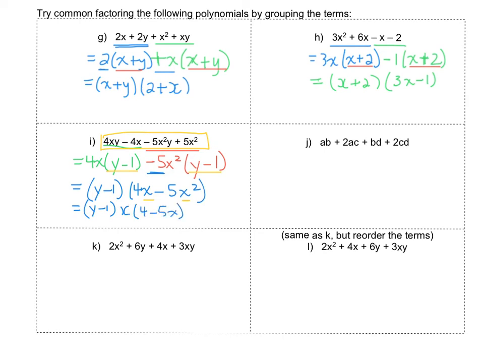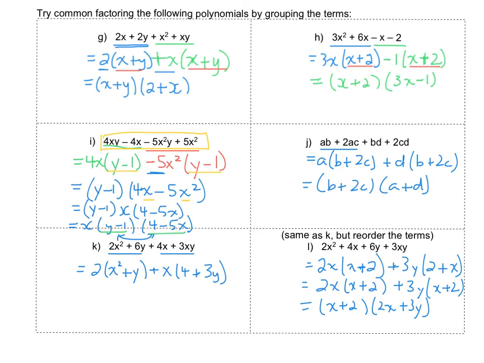Sometimes you'll see that rewritten with the x out in front like this. And the order of the brackets themselves doesn't matter as long as the inside of the bracket has the same order. I could switch the y minus 1 with the 4 minus 5x. It's the same, like 3 times 7 is the same as 7 times 3.